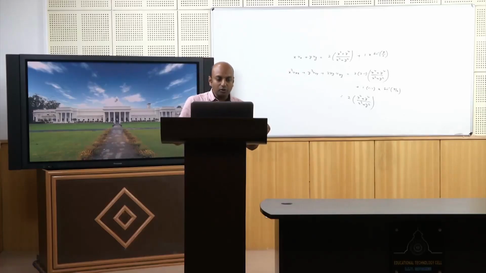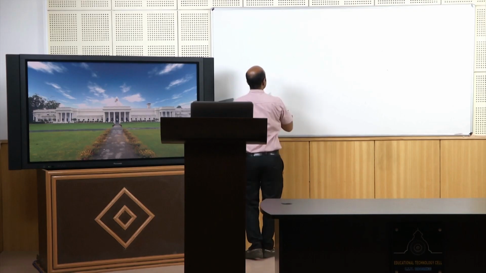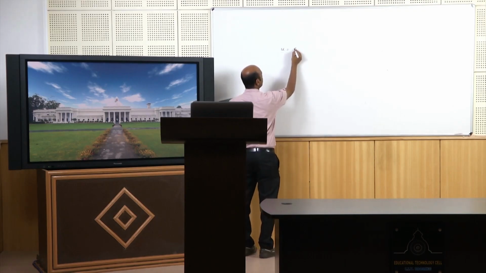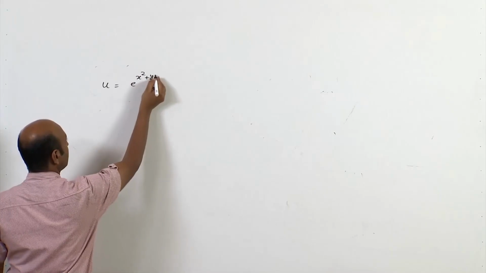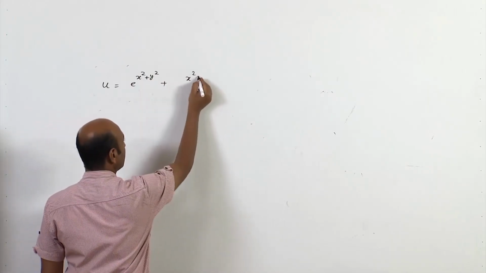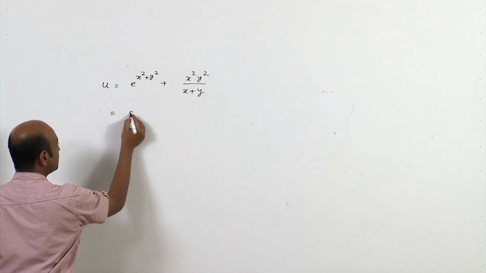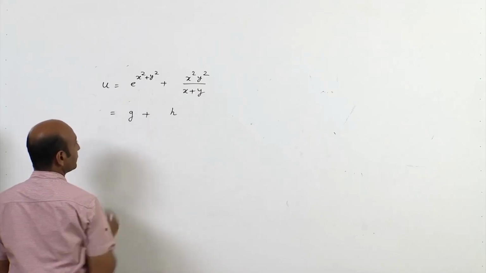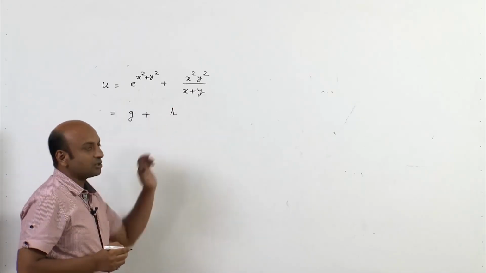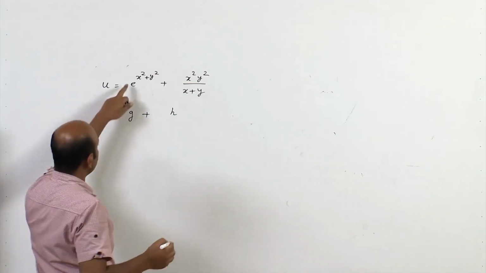Now, suppose you want to solve the second problem. In the second problem, this part is not homogeneous, however, this part is homogeneous. The second is u is equal to e raised to power x square plus y square, plus x square y square upon x plus y. Suppose it is g plus h. h is clearly homogeneous of degree 3, but g is not a homogeneous function.